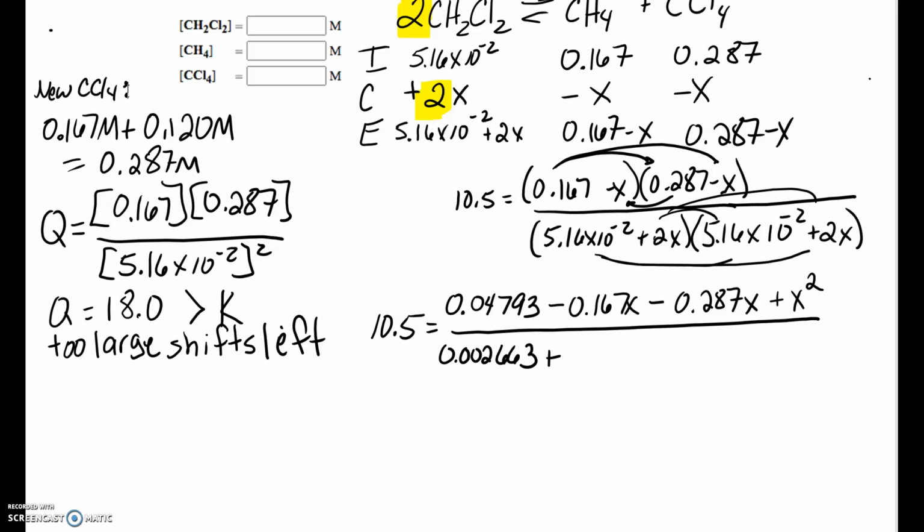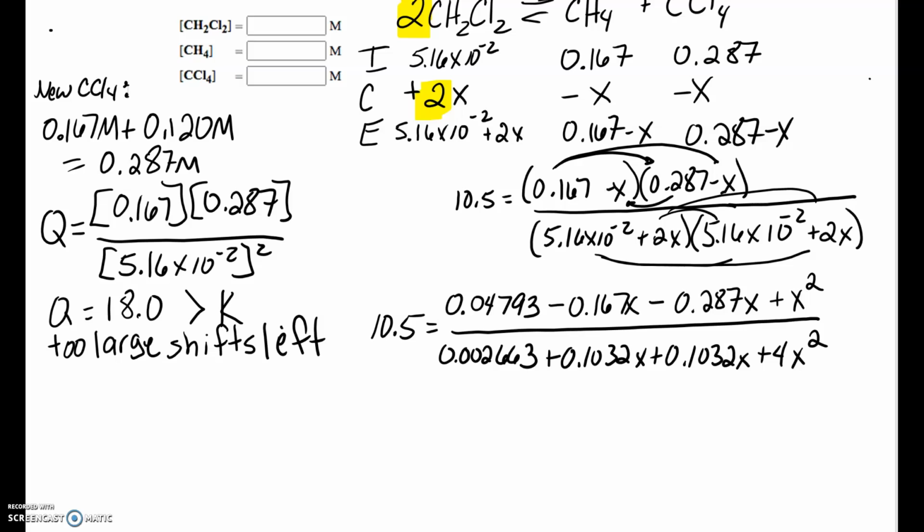Then the outers: this one times that one is 0.1032x. The inners are the same: 2x times that number, so plus 0.1032x. And 2x times 2x is a positive 4x squared.